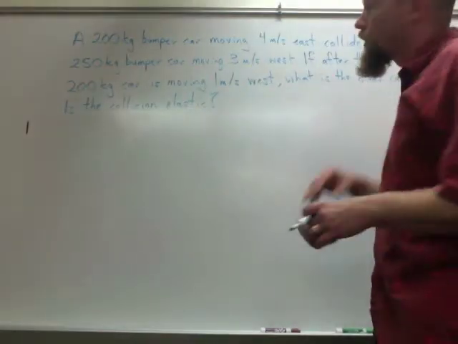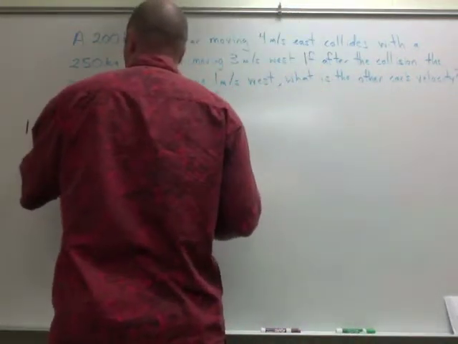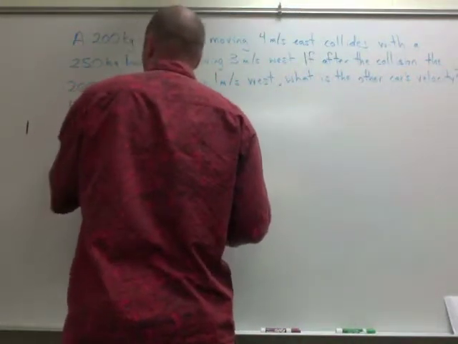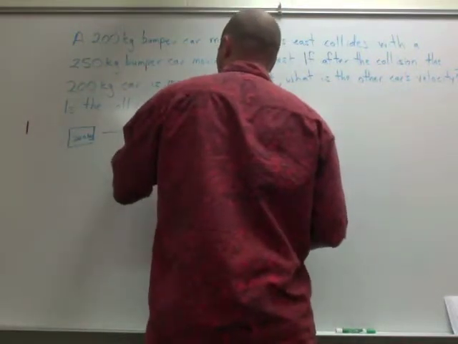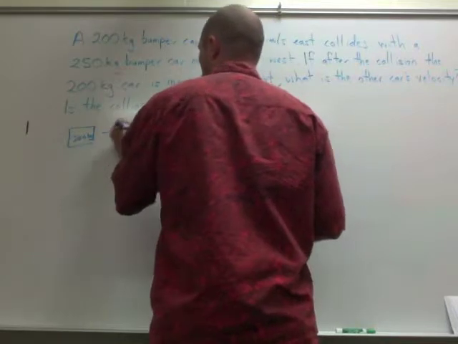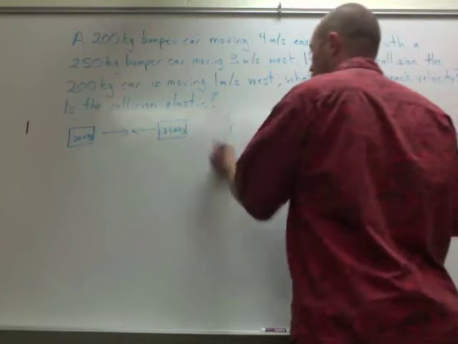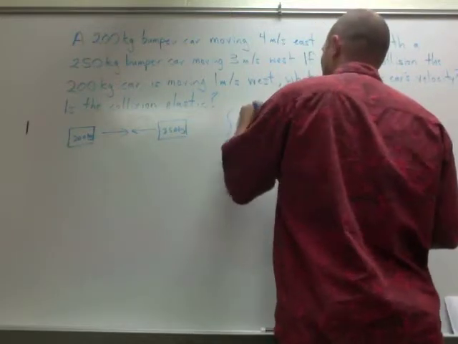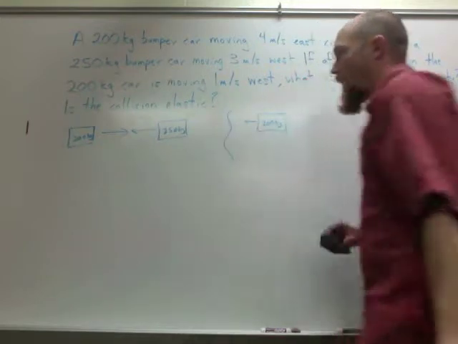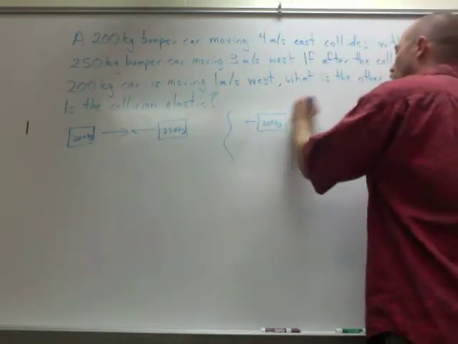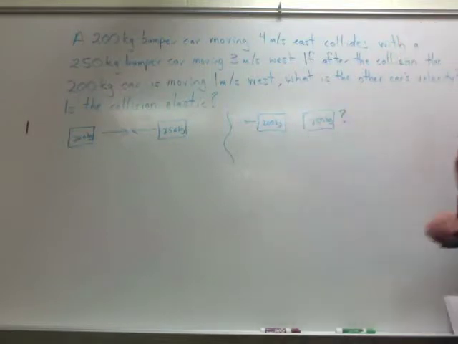Okay. So again, let's first sketch what's going on. I have my 200-kilogram car moving this way, and then my 250-kilogram car moving this way. This is my before picture. And then after, my 200-kilogram car is moving that way, and I want to figure out what happens with the other.